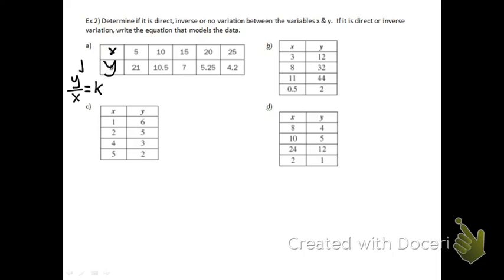If so, remember this is direct variation. If, however, that doesn't work, we can try multiplying the x and the y values and seeing if that's constant. If that's true, this is going to be inverse variation.